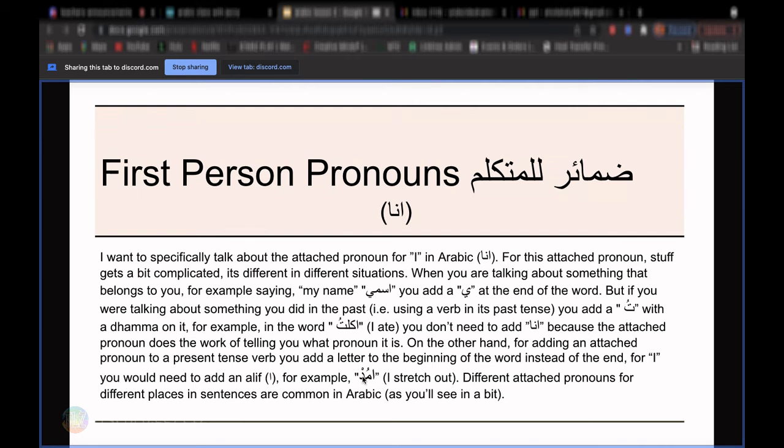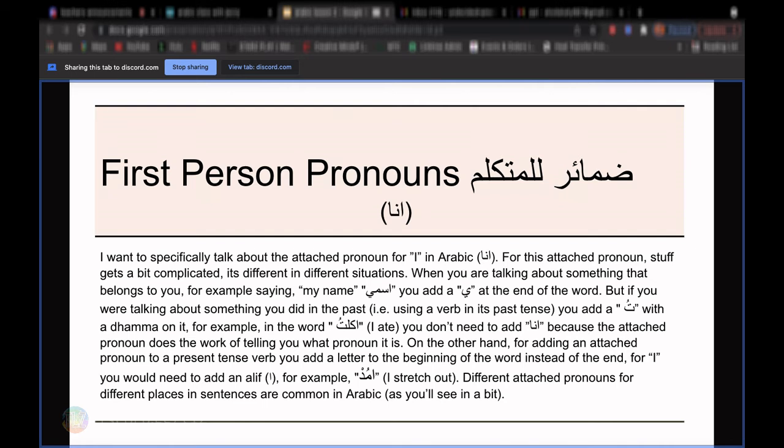Yeah. And yeah, so there's a lot of variation on this, and for this topic it includes a lot of memorization.